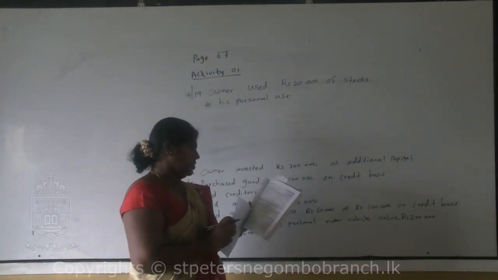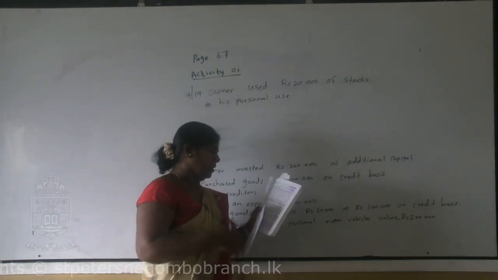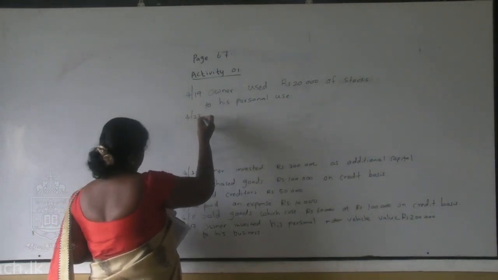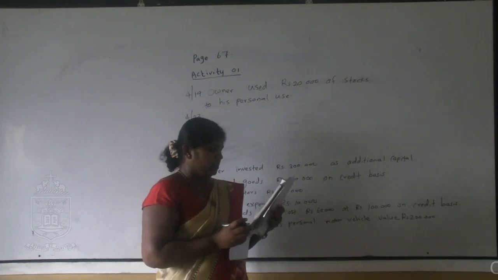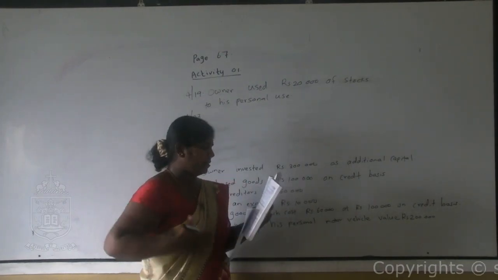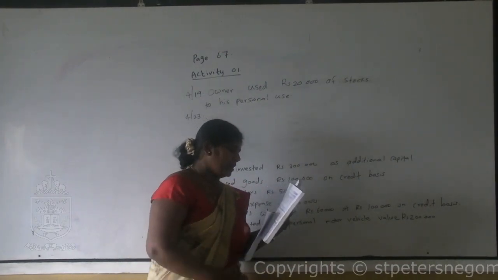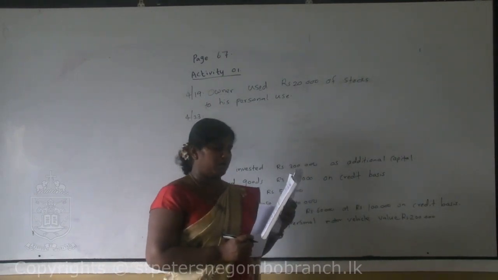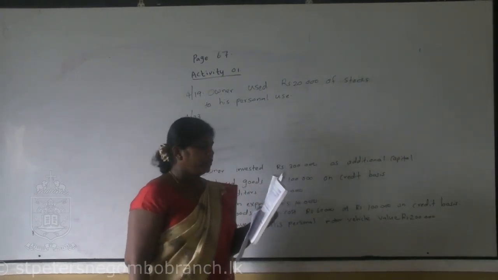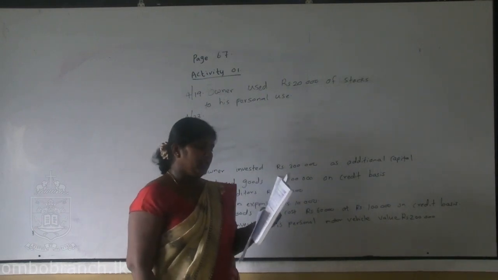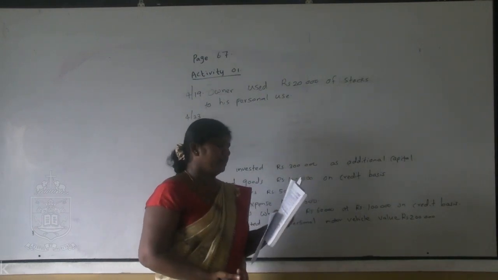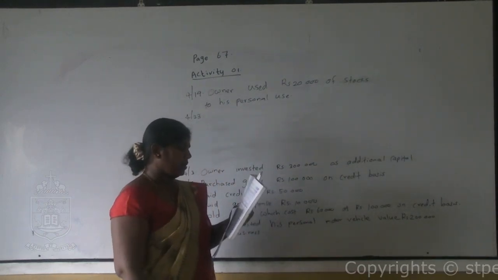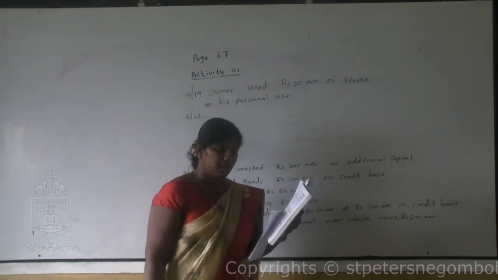Next transaction, 23rd of April. So here debtors amount decrease, cash amount increase. Debtors amount decrease, cash amount increase means they received from debtors 20,000. That's why cash amount increase and debtors amount decrease.